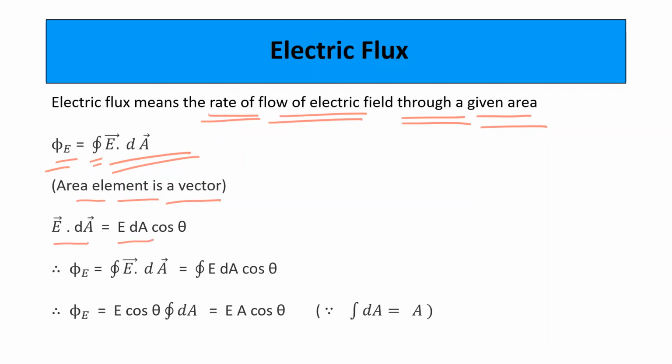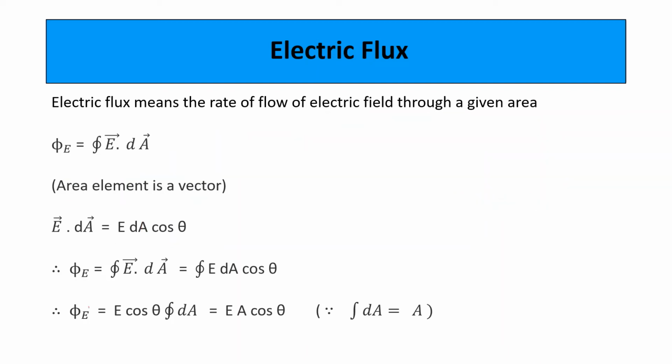E dA cos theta. Always remember, dot product will be cos. E dot A means EA cos theta. Phi E is equal to closed integral E dot dA. E dot dA is E dA cos theta.